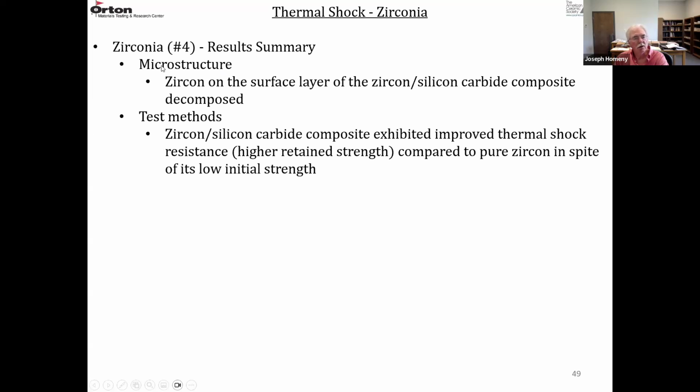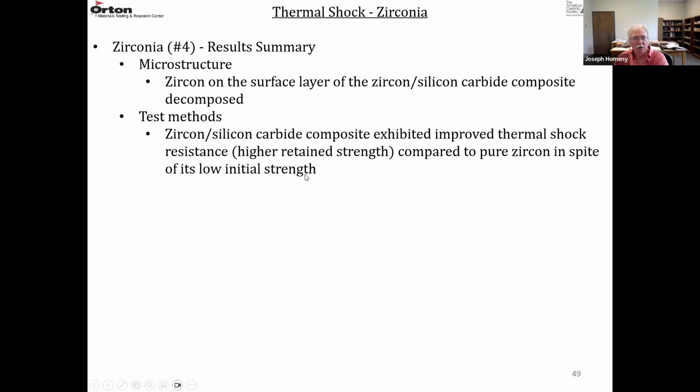So in terms of the results, the microstructure: the surface layer of the zircon silicon carbide composite started to decompose, and the zircon silicon carbide composite exhibited improved thermal shock resistance because of higher retained strength compared to pure zircon.